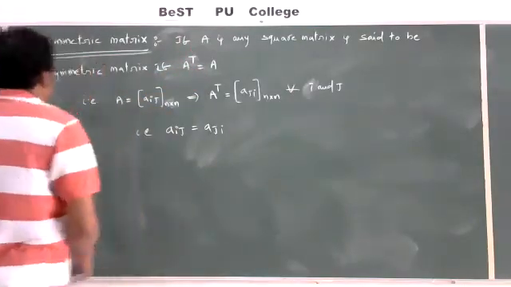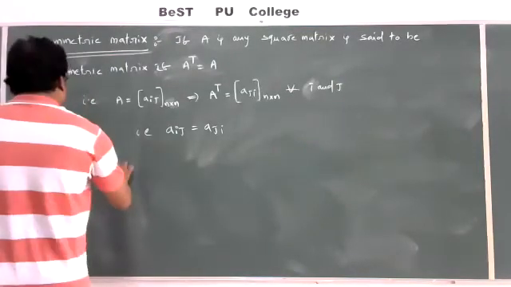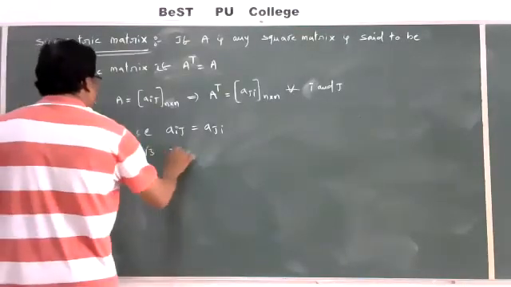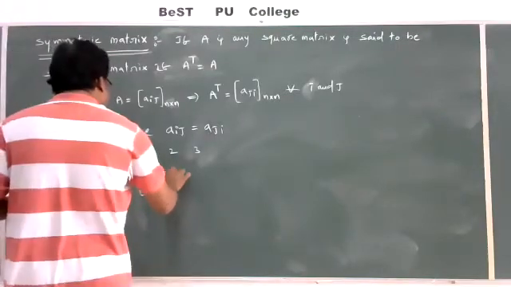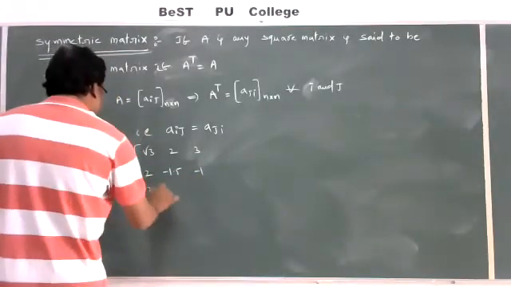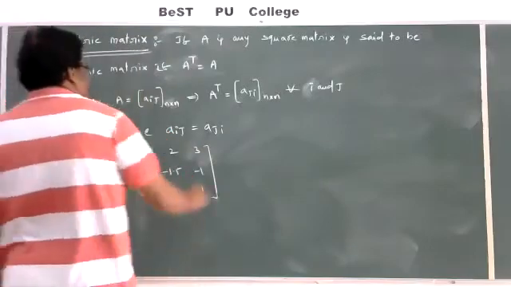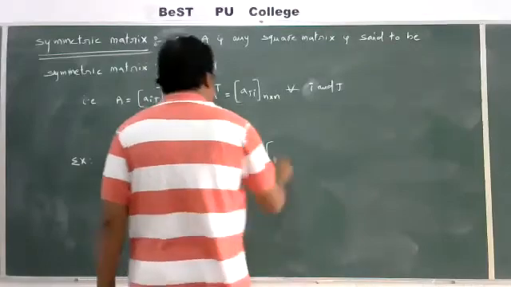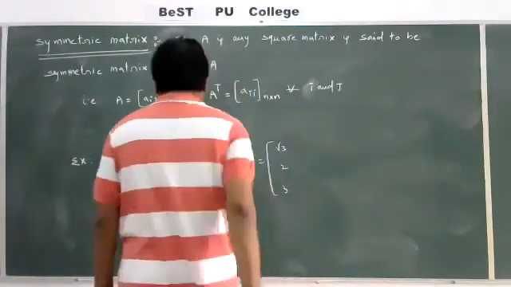Write down an example. A is equal to the matrix root 3, 2, 3, 2, minus 1.5, minus 1, 3, minus 1, 1. Then write A transpose is equal to: root 3, first row is first column, 2, 3.